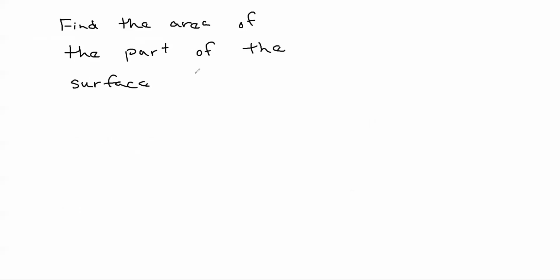Find the area of the part of the surface 2y plus 4z minus x squared equals 5.